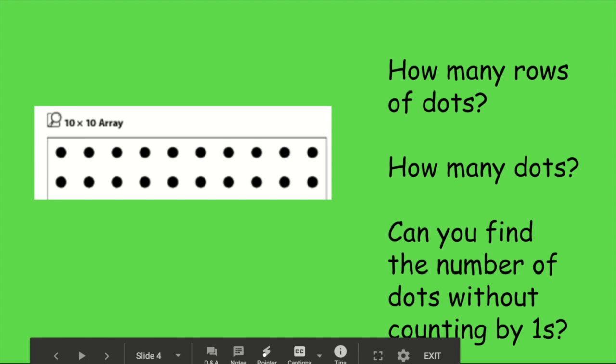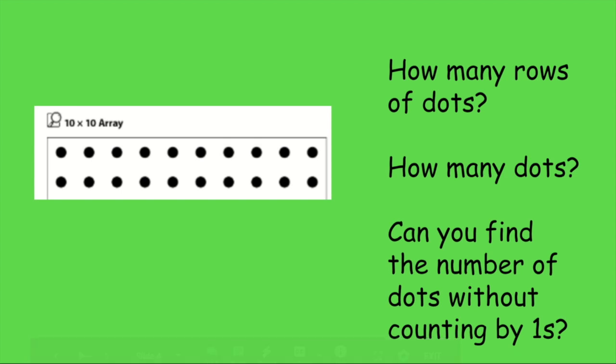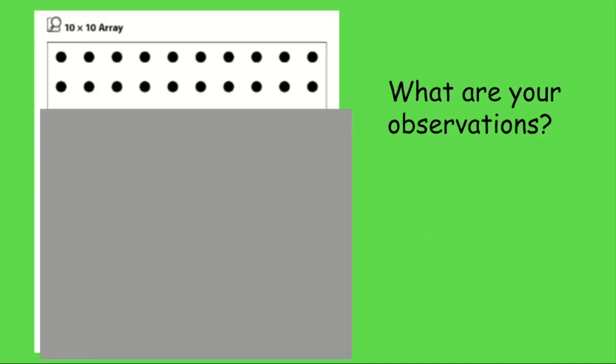How many rows of dots? There were 10. And how many dots? 10. So how many dots are on my chart? Yes, if you said 100, that is absolutely correct. How do I know? 10 tens is equal to 100.